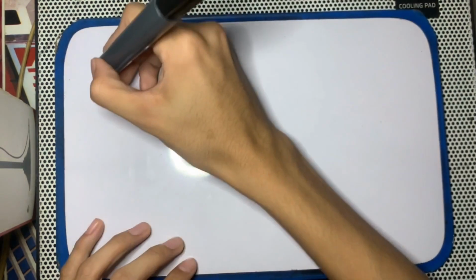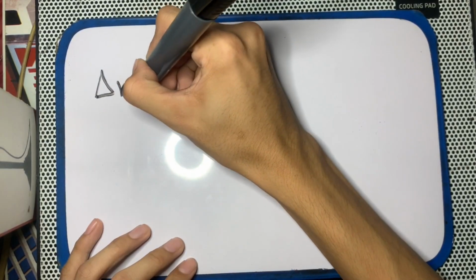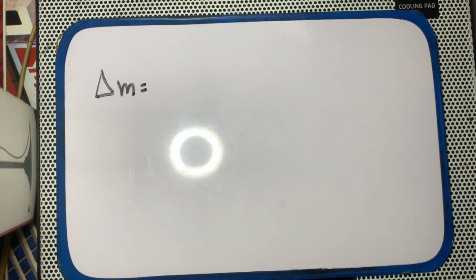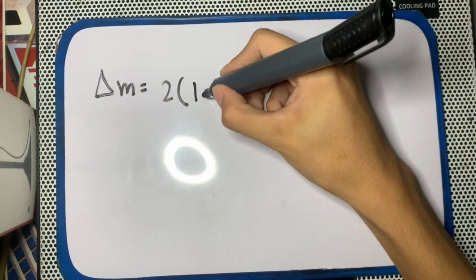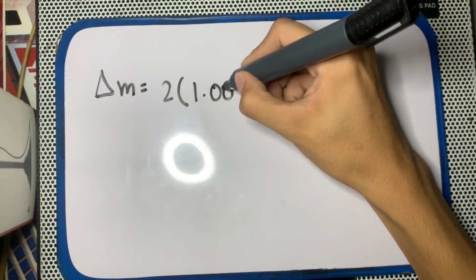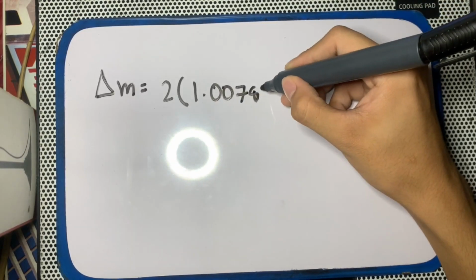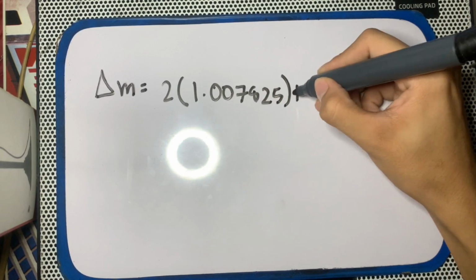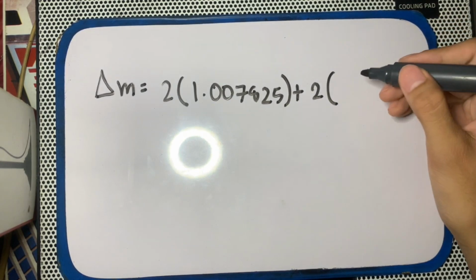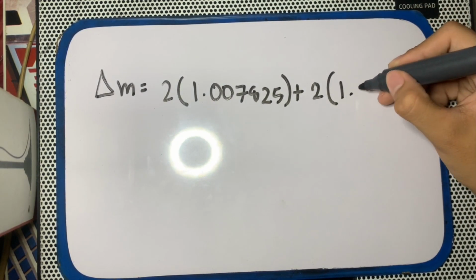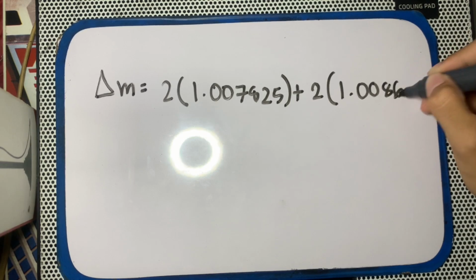So first po natin gagawin is to calculate for the mass defect. Mass defect is equal to, alam naman po natin yung formula ng mass defect, number of protons times the mass of proton, which is value of 1.007825, plus the number of neutrons, 2, times the mass of neutron, 1.008665.